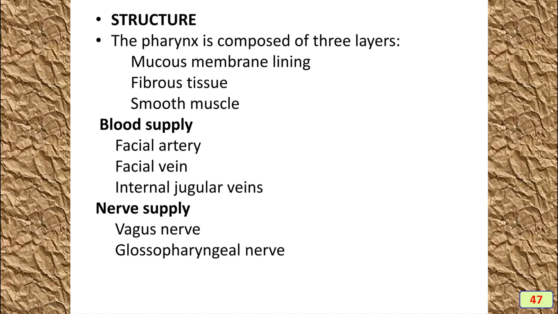So the blood supply to the structures contains the mucous membrane lining, fibrous tissue, and smooth muscle cells. It is a common thing in all animals, including human beings, hence we are going to compare with that of the human being. The nerve supply is the vagus nerve and the glossopharyngeal nerve.